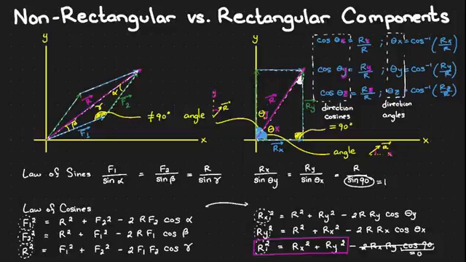However, I'd like to point out that it is always the case for this type of system that the sum of the squares of the direction cosines, well, that means cosine squared theta x plus cosine squared theta y plus cosine squared theta z. So the sum of the squares of the direction cosines of any resultant vector is always equal to 1.